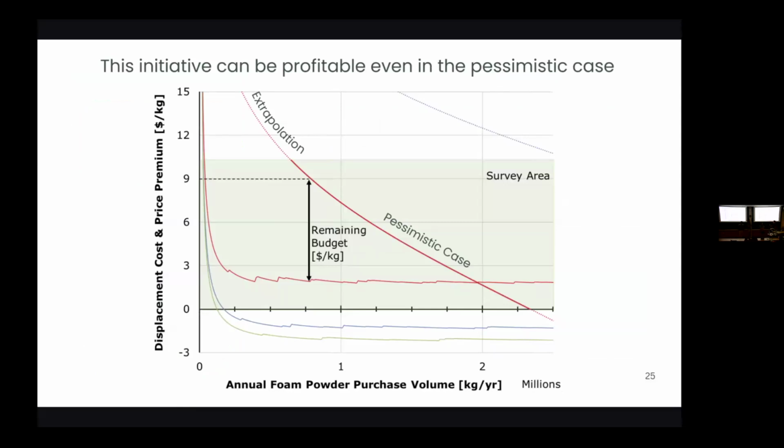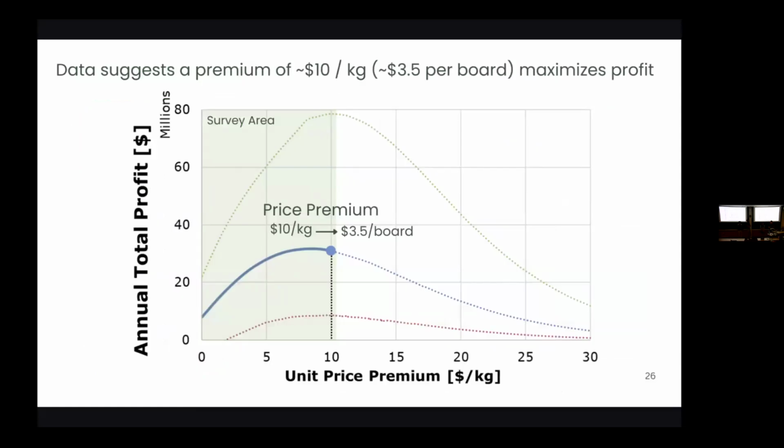That gap represents available profit across the value chain, including us, of course. Finally, when we model annual profit versus price premium, we see a clear maximum in the range of $8 to $12 per kilogram, which translates to roughly $3.5 per board at retail. And now I'll pass it to Oleg to walk us through limitations and some conclusions.